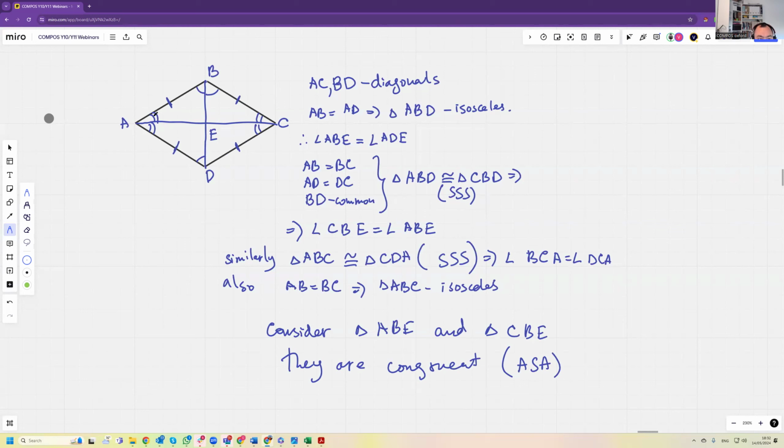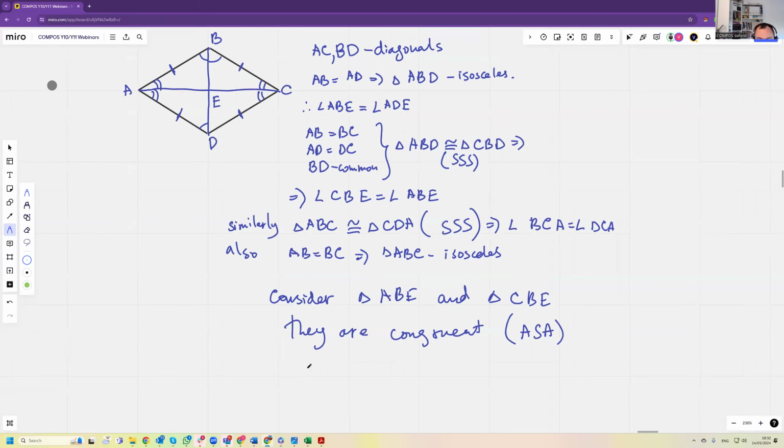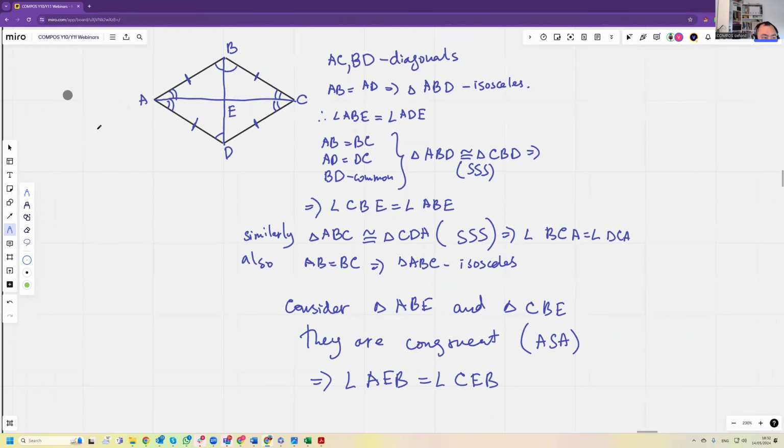They have corresponding angles, corresponding sides, and corresponding angles. Therefore, angle AEB is equal to angle CEB. Right? That means that this angle is equal to this angle.